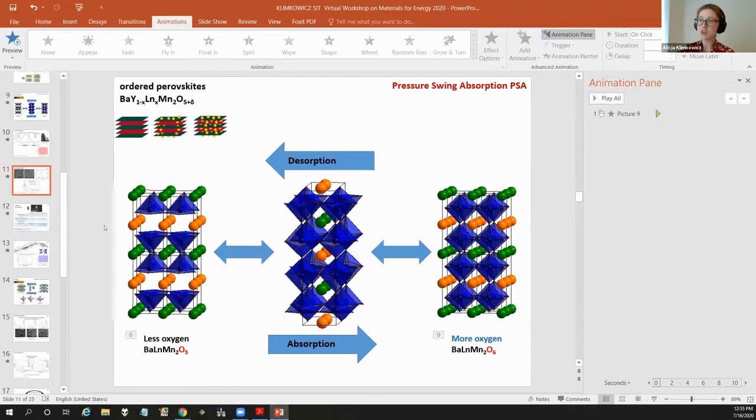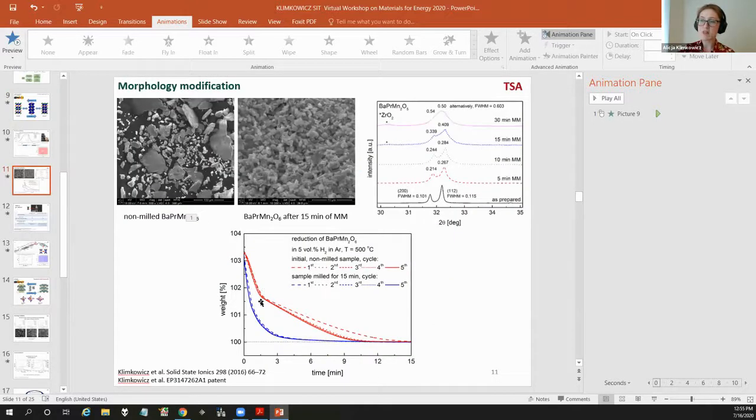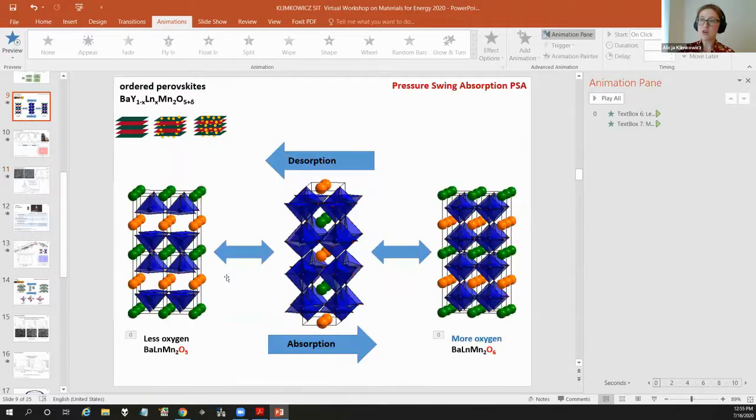So this is what I showed you in here, that for the reduction, this compound, the half occupied, seems to be very stable. But when we are oxidizing the material during the absorption, it also goes through the same structure change, right? Yep.